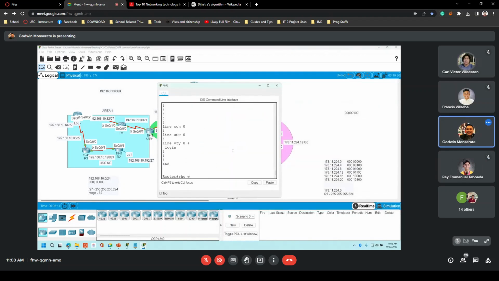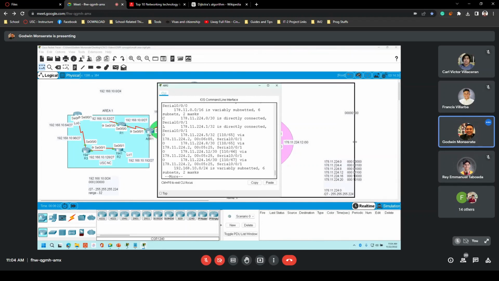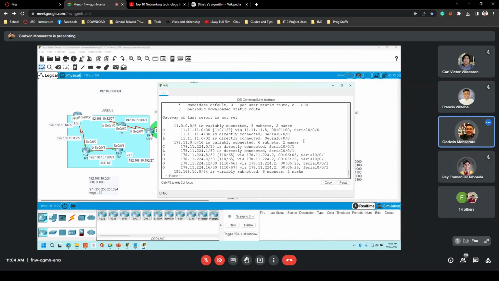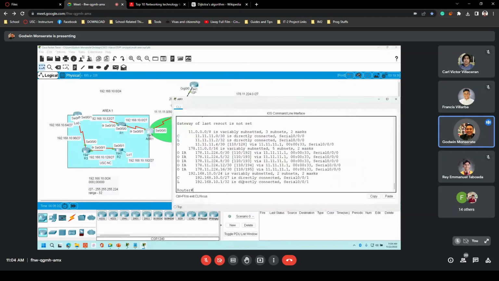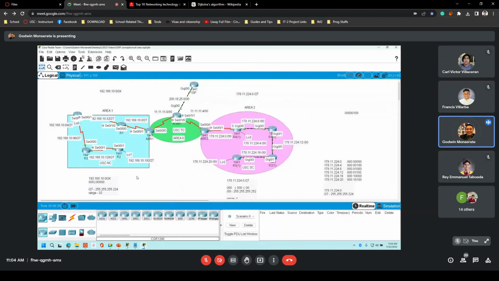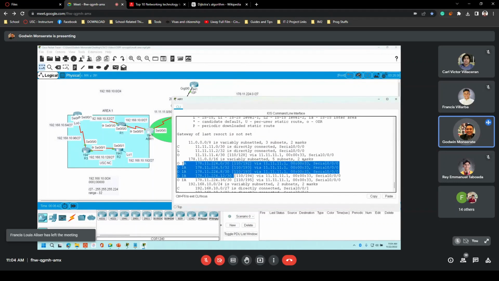Show IP route. So this is its network, and the IA is also routed. Look at that, IA means inter-area OSPF. So the two areas are now communicating. You get the point? That's how inter-area OSPF is configured.